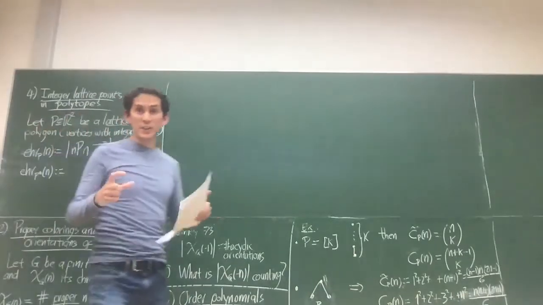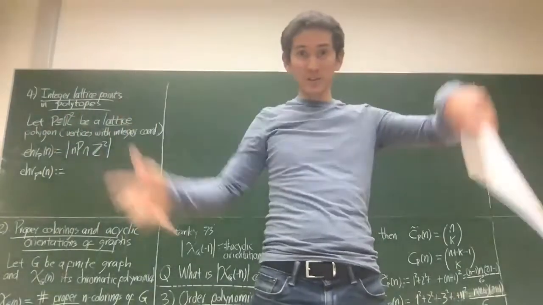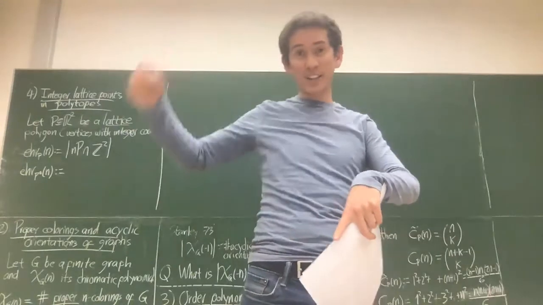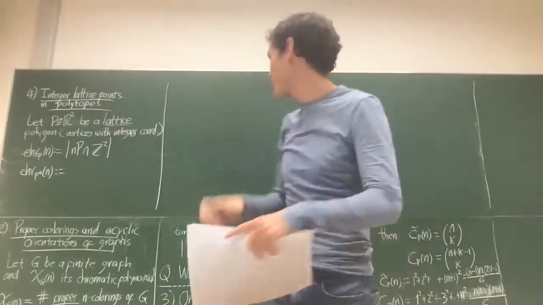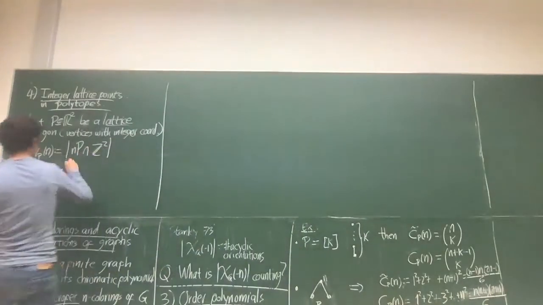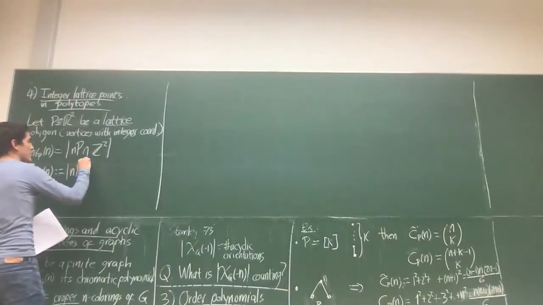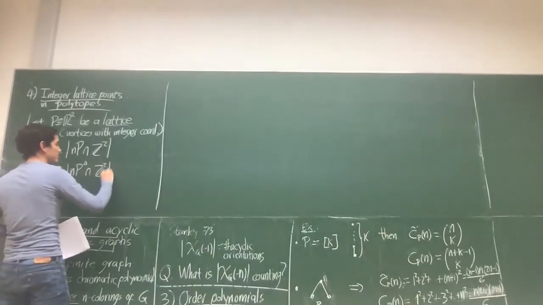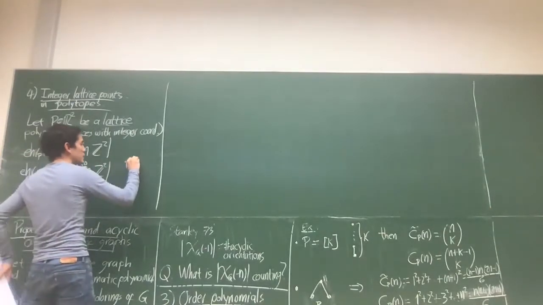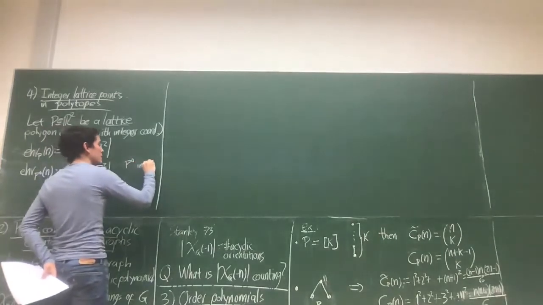So P interior is just you delete the boundary of the polygon, so you are not interested in counting points that are in the boundary, just only the interior ones. Here P interior is the interior.